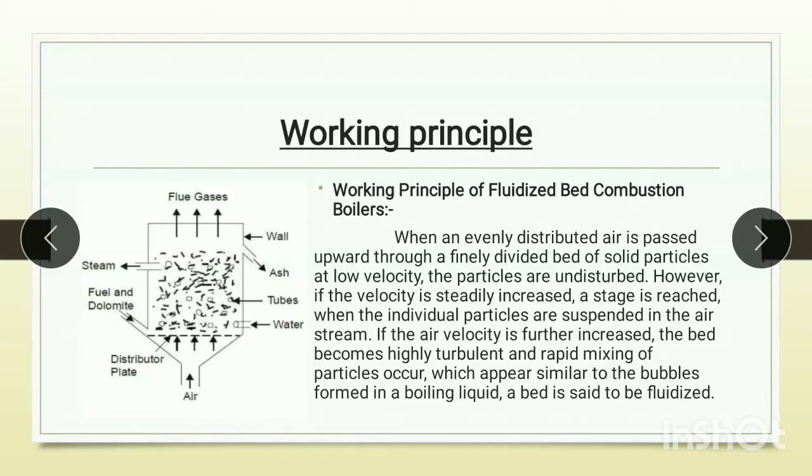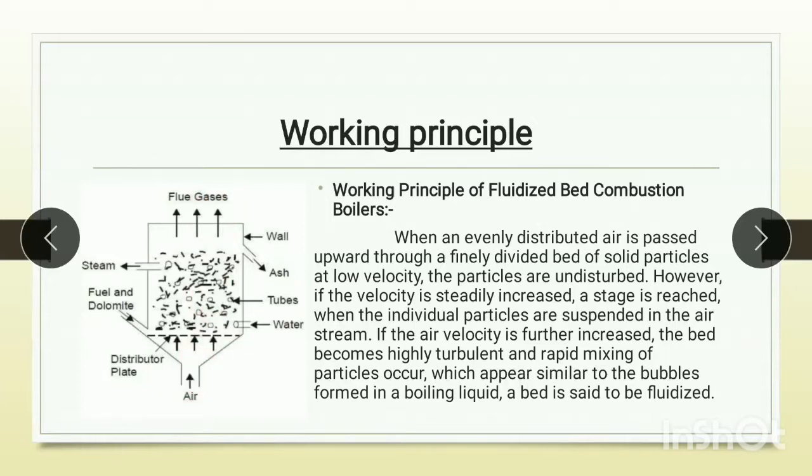We also call it an inert material. From here we are going to get the steam, and we have some water tubes. These circular blocks inside are the water tubes, and water enters from here. From here we collect ash, this is the wall, from here the flue gases are exhausted, and from here we supply air.